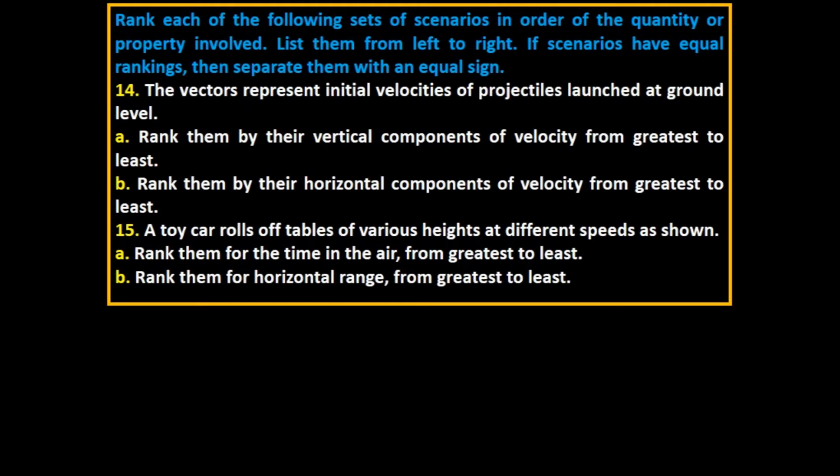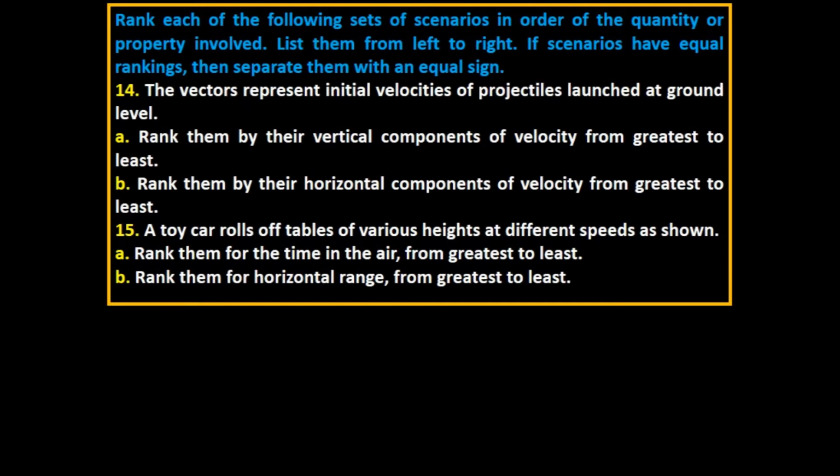Okay, the next one is we're going to rank each of the following sets of scenarios in order of the quantity or property involved. List them from left to right. If scenarios have equal ranking, then separate them with an equal sign.